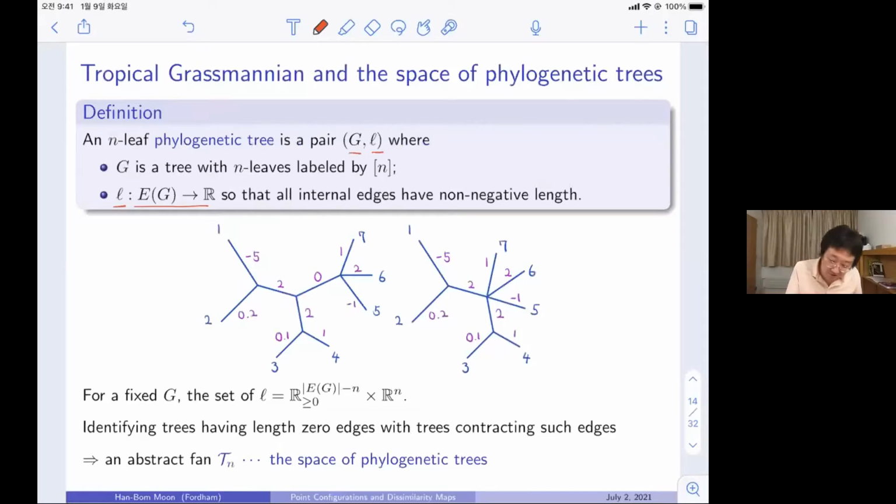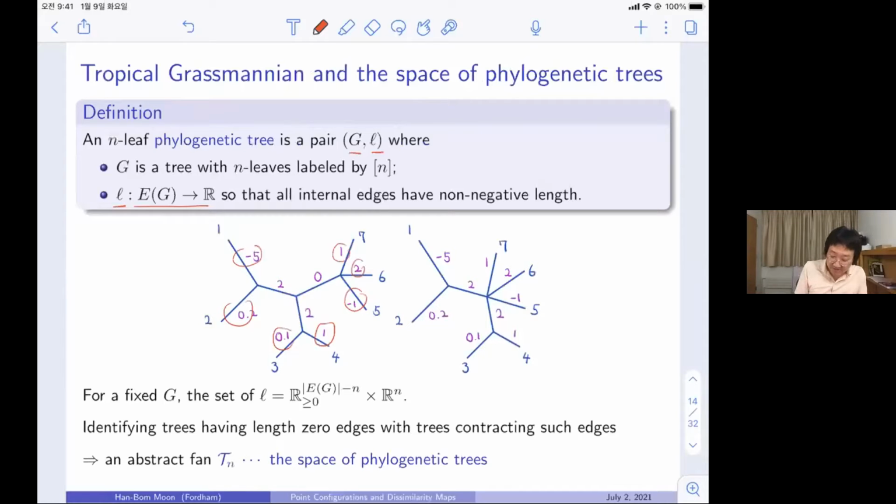And for all end edges, it is possible to have a negative value. If you extend the collection of phylogenetic trees in this way, then later it will be identified who is the tropicalization of the Grassmannian. This is a spoiler, but anyway.